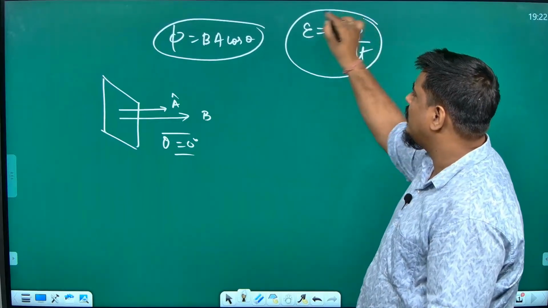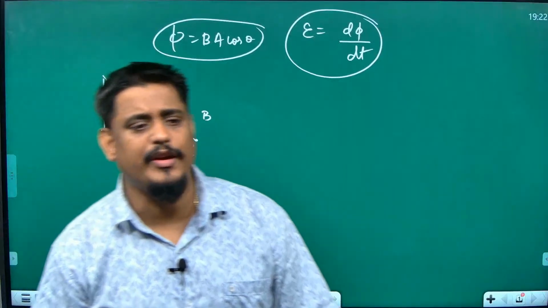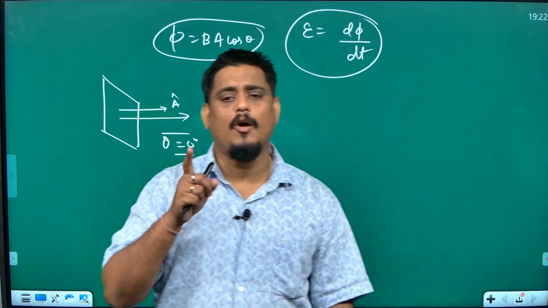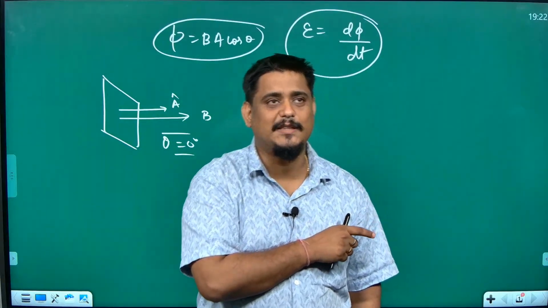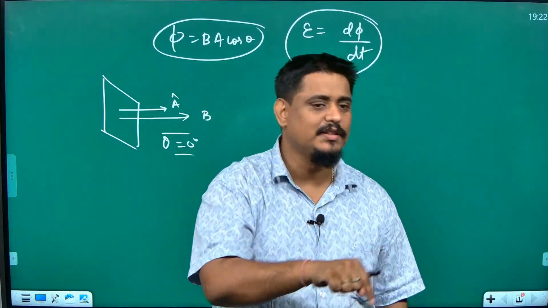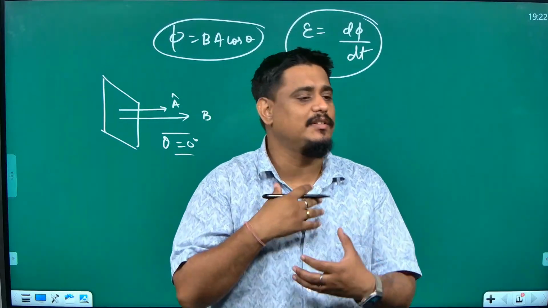After which we learnt Lenz's law. Lenz's law states that the direction of induced EMF will be in such a way that it will oppose the cause of it. And we spent a good amount of time in the last class, even yesterday, over learning how the questions from Lenz's law come.